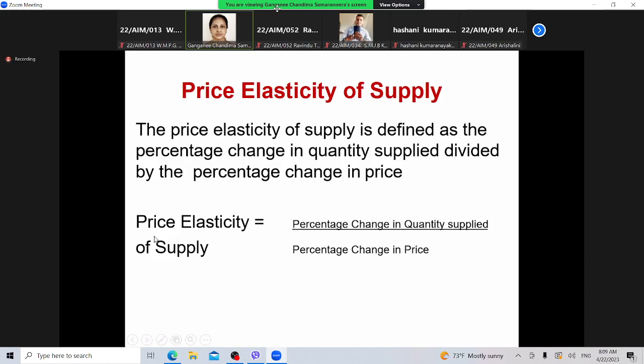But when, let's say, income elasticity of supply, then instead of price, there should be income, because that is income elasticity of supply. Then supply is the same. Here, instead of price, you take the income.